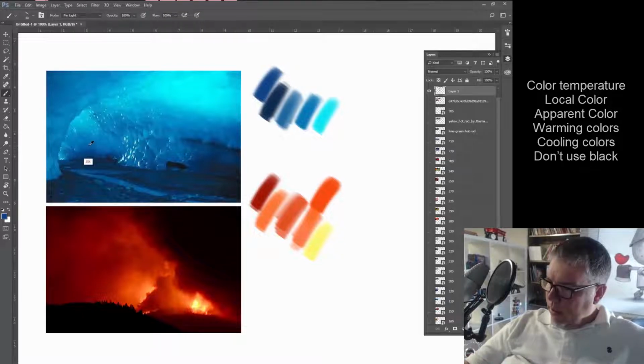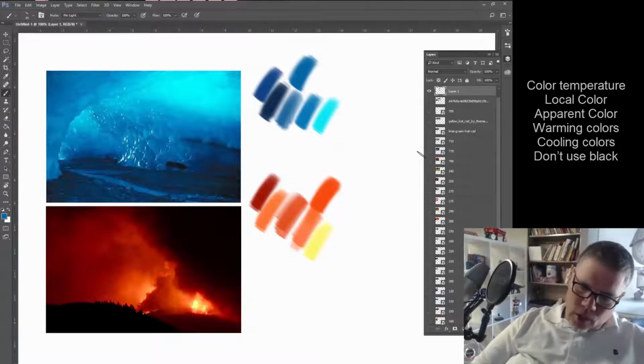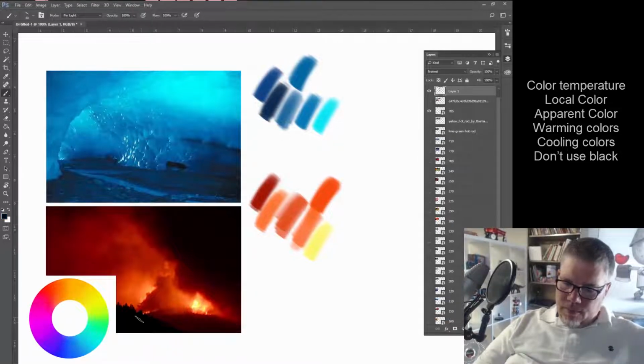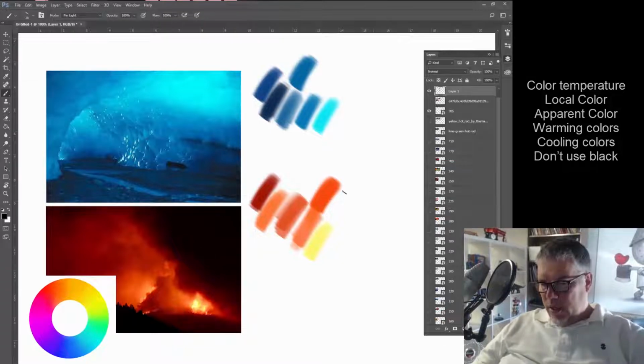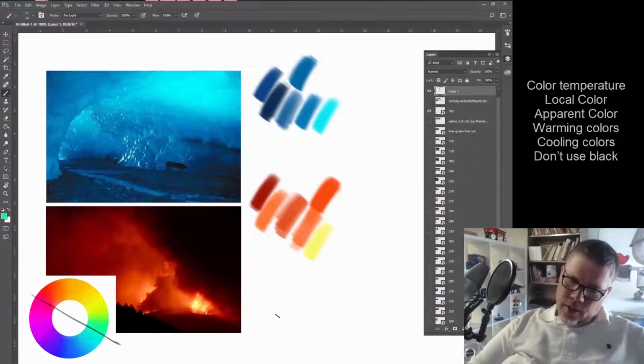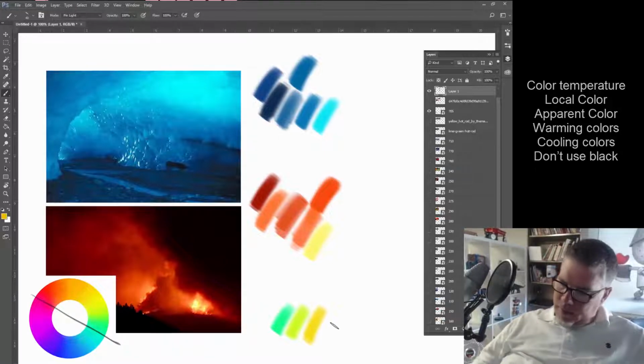Again, if you look at the color wheel right here, basically, when we're talking about warm and cool colors, we can divide the color wheel basically in half, and we can say that in general, everything on one side is all warm colors, and everything on the other side is all cool colors. Even when we get over towards the pinks, now this is all relative too.